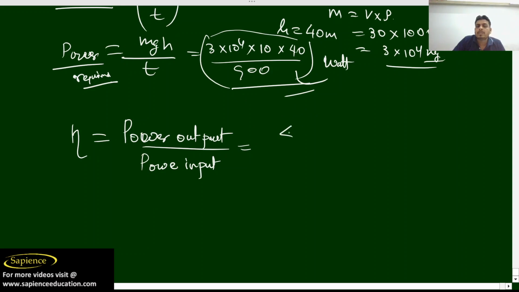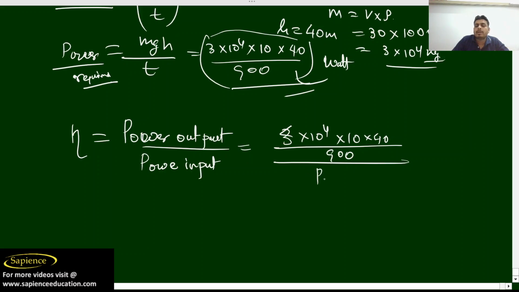So power output is 3 into 10 power 4 into 10 into 40 divided by 900. What is power input? Power input we don't know. Power input means the power of the motor, which is what we want.